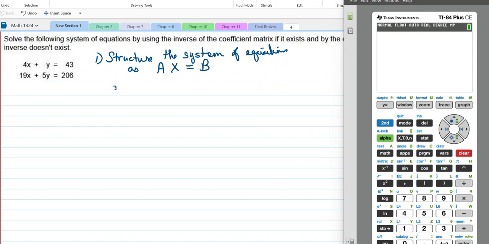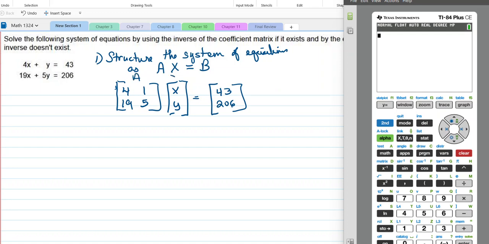So I have 4, 1, and 19 and 5. And my variables are X and Y equals the B, which is 43 and 206. Great. This is my A, this is my X, and this is my B. So now what we're going to do is write how we're going to enter it in the calculator.